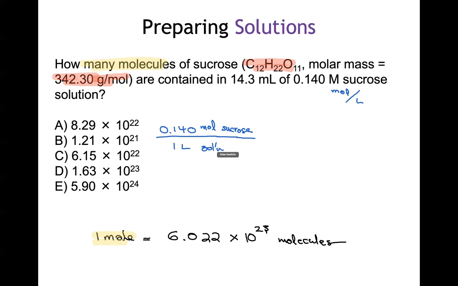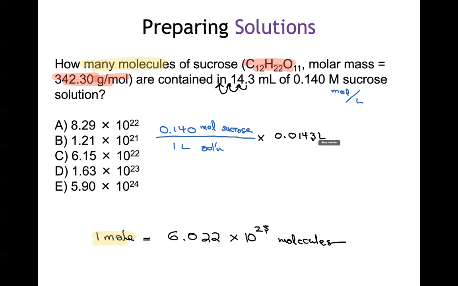Right? But what volume of solution are we using? 14.3 milliliters. And again, just divide by 1,000 to get into liters. So we are multiplying it by, and I just need to cancel the volume, 0.0143 liters.